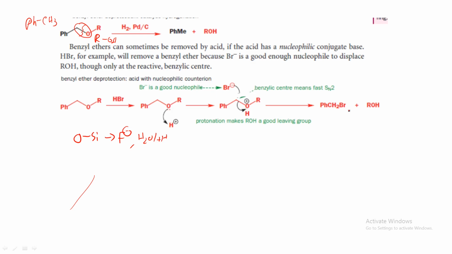Then again, H2 and palladium charcoal mediated hydrogenation is there, but again, if you have an olefin type of unsaturation in your system, you would have some problem. So we need to use these kinds of protecting groups carefully, looking at the possible side reactions that can happen during their deprotection.